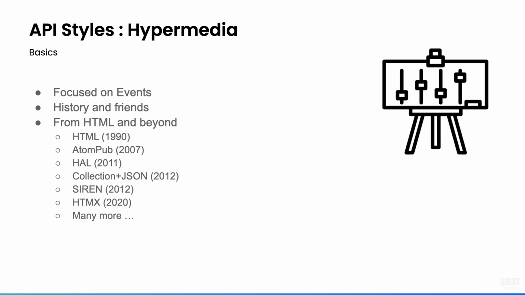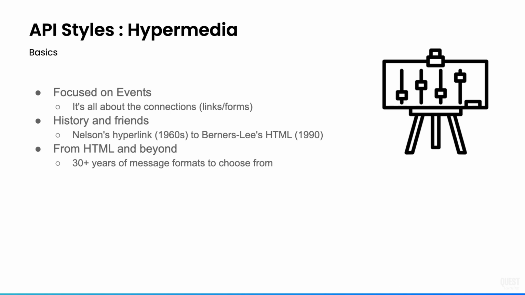Now, it may have started with HTML in the 1990s, but there are lots of other message formats for using Hypermedia APIs: Atom Pub, HAL, Collection JSON, Siren, and in 2020, there was HTMX, a sort of an extension of HTML, which is very much a Hypermedia style approach to creating client applications that are very responsive. There are lots and lots of other formats as well that have been registered in the last 30 years.